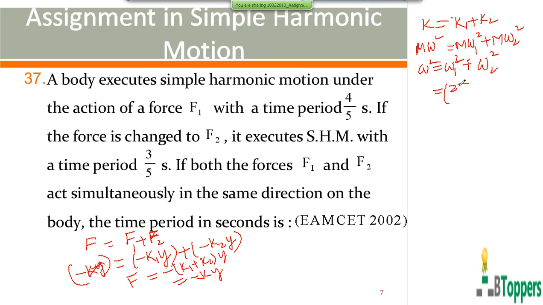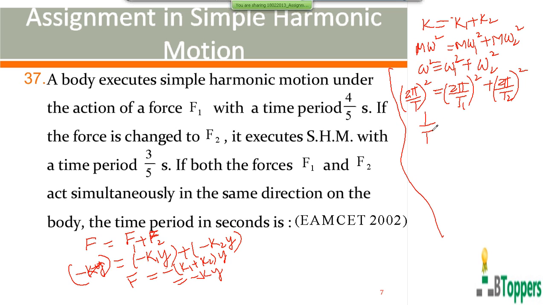So omega 1 you can write as 2 pi by time period in the first case, which is denoted by T1. Omega 2 is 2 pi by T2. Omega I can write 2 pi by T. So you can divide the equation by 4 pi square. You get 1 by T square equal to 1 by T1 square plus 1 by T2 square.